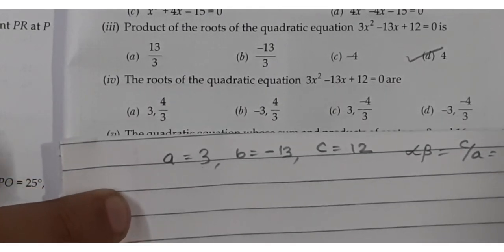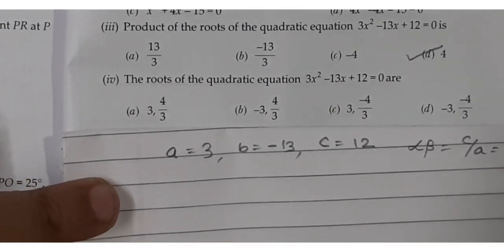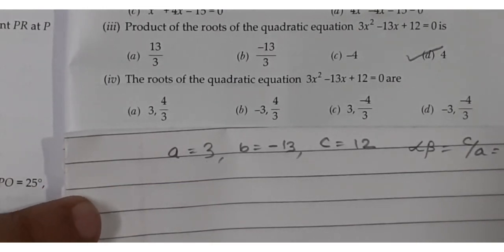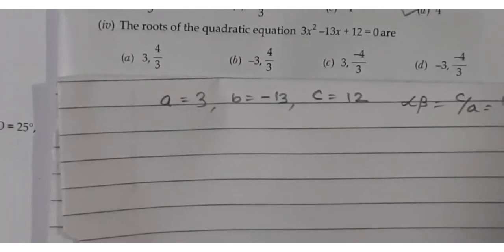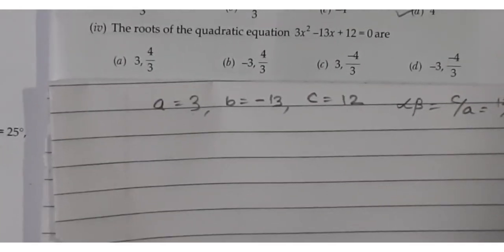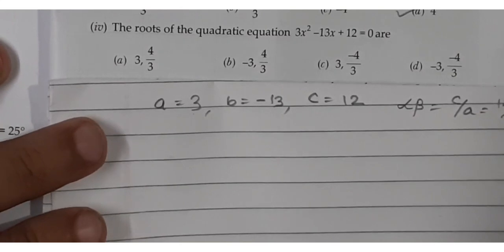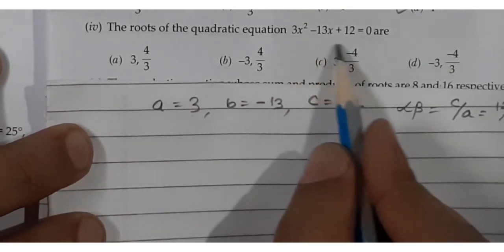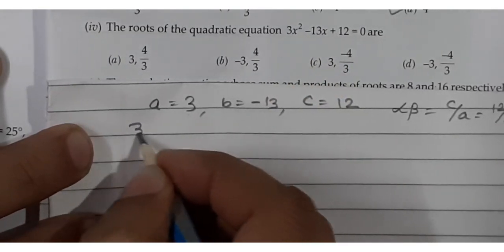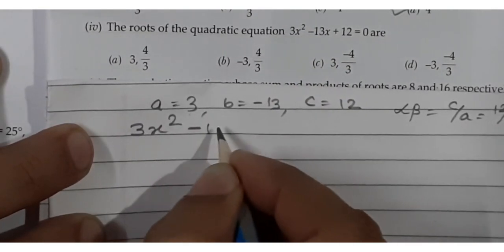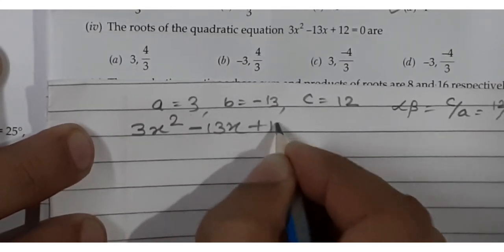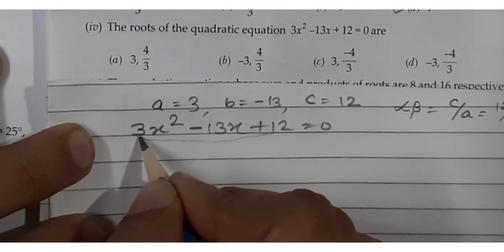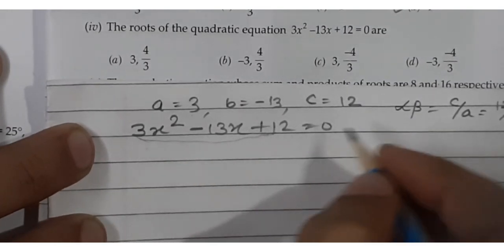Come on to the next part. You have to find the roots of the quadratic equation. Now see, how can you get roots? We can get roots easily by the middle term splitting method. This is 3x square minus 13x plus 12 equal to 0. If you multiply, you will get 36 here.